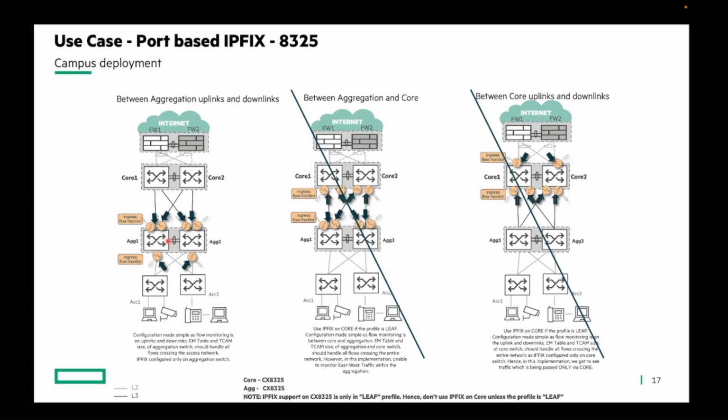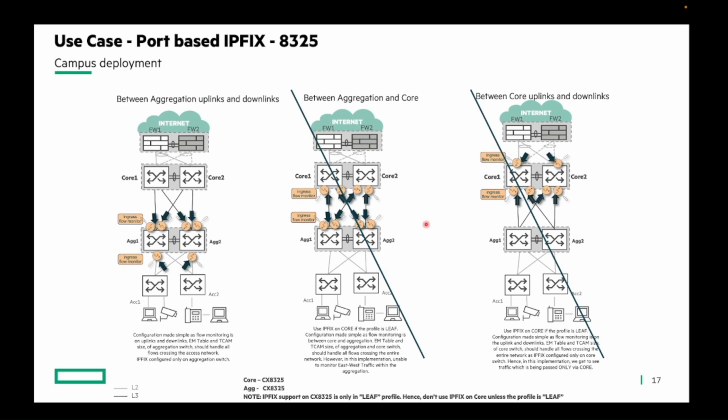Now, if we have to configure between aggregation and core, why have I used a slash in these two scenarios? Because core is involved, and in the core, if you want to use IPFIX monitoring, we have to understand that it has to be in the leaf profile, ideally. As long as there is a leaf profile, you can use it. If not, we cannot have this use case, right?